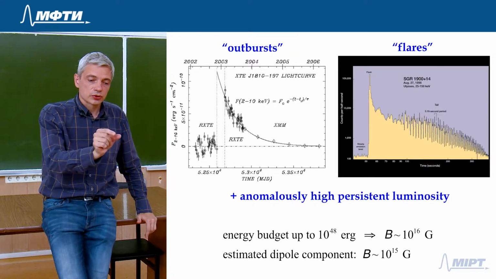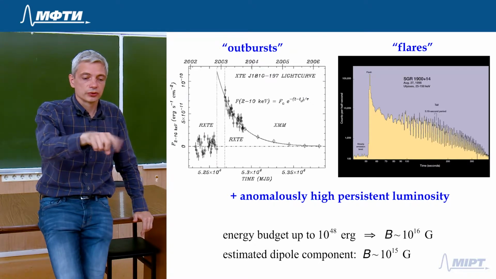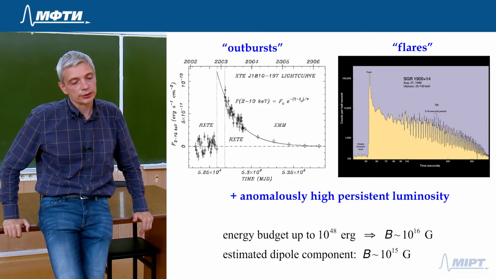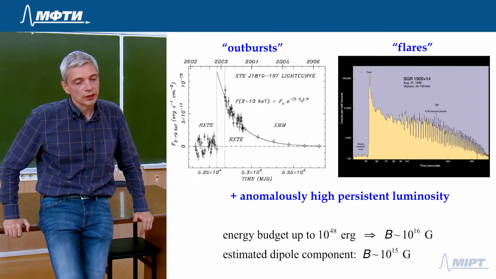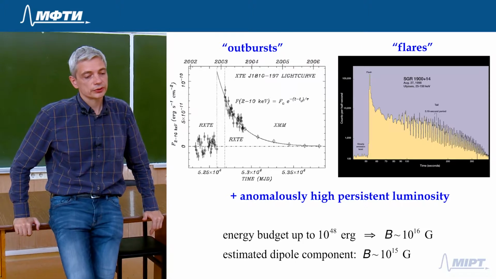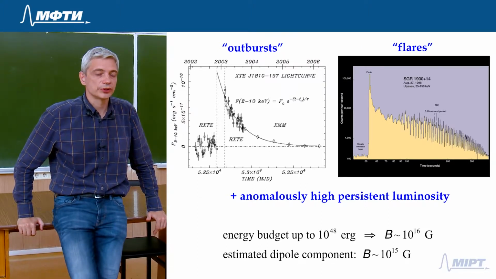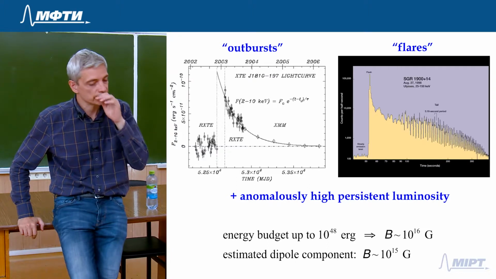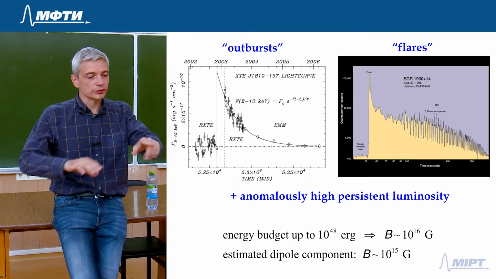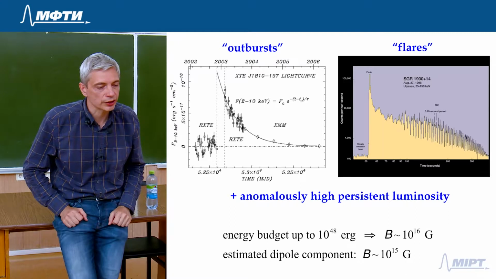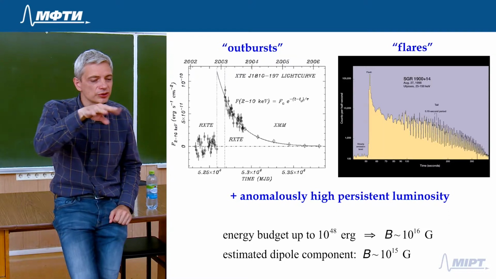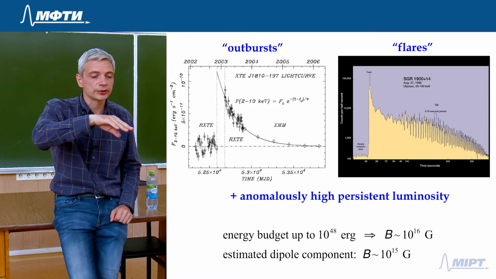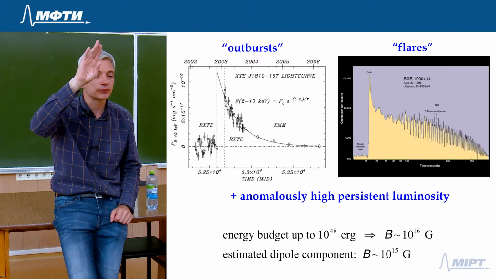There are weaker bursts and shorter bursts. The bursts don't have these long, 6-minute, well-modulated tails. Also, there are so-called outbursts, which are more typical for what I mentioned before, what they call transient magnetars. The left figure shows an example. When you have a low X-ray luminosity, then at some point, boom, it goes up for a few years.